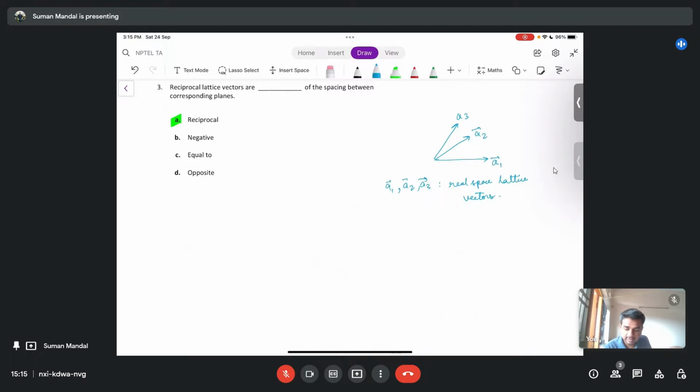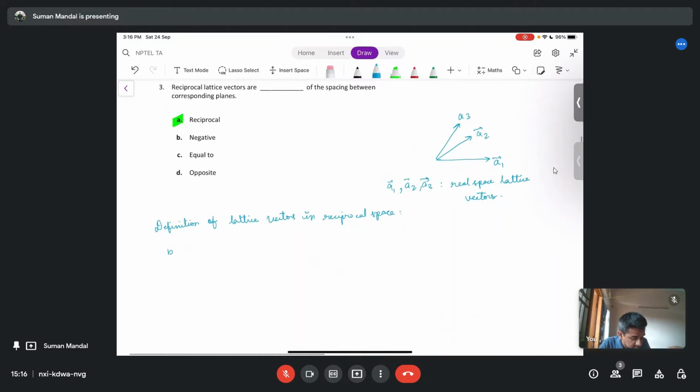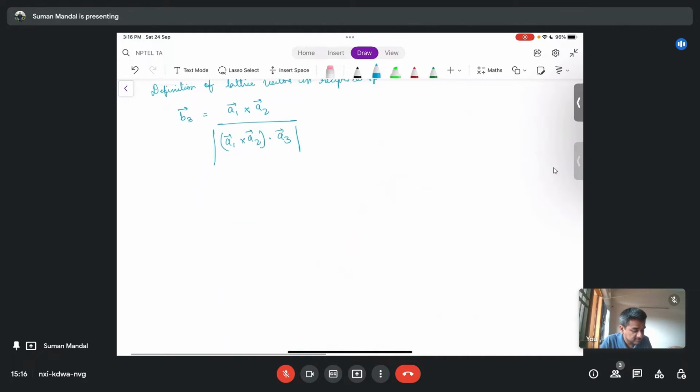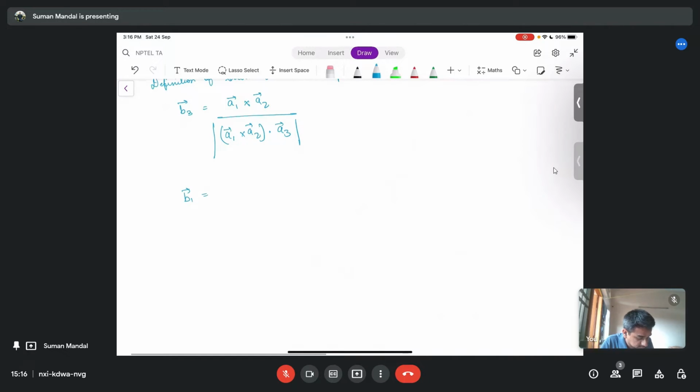So this is a definition that has been given. In reciprocal space, we can write it as, let it be b3, and similarly we can write for the other vectors also.